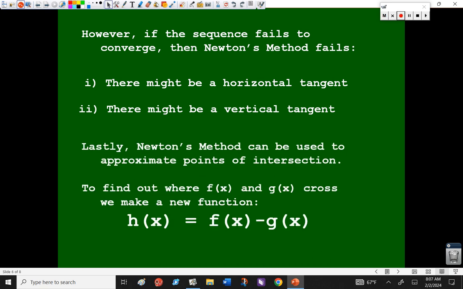Lastly, Newton's method can be used to approximate points of intersection. If I want to find where two lines cross, I could just use Newton's method. And to do this, the simple conversion is you take a new function, h of x, which is equal to the two functions subtracted from each other. You might say, well, why are we subtracting those two from each other?